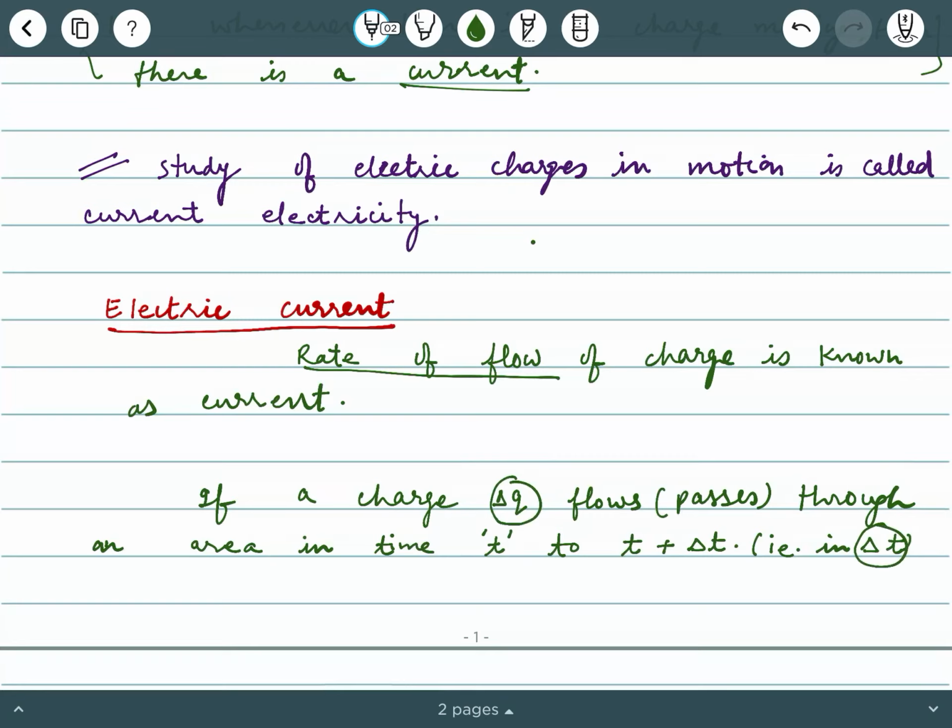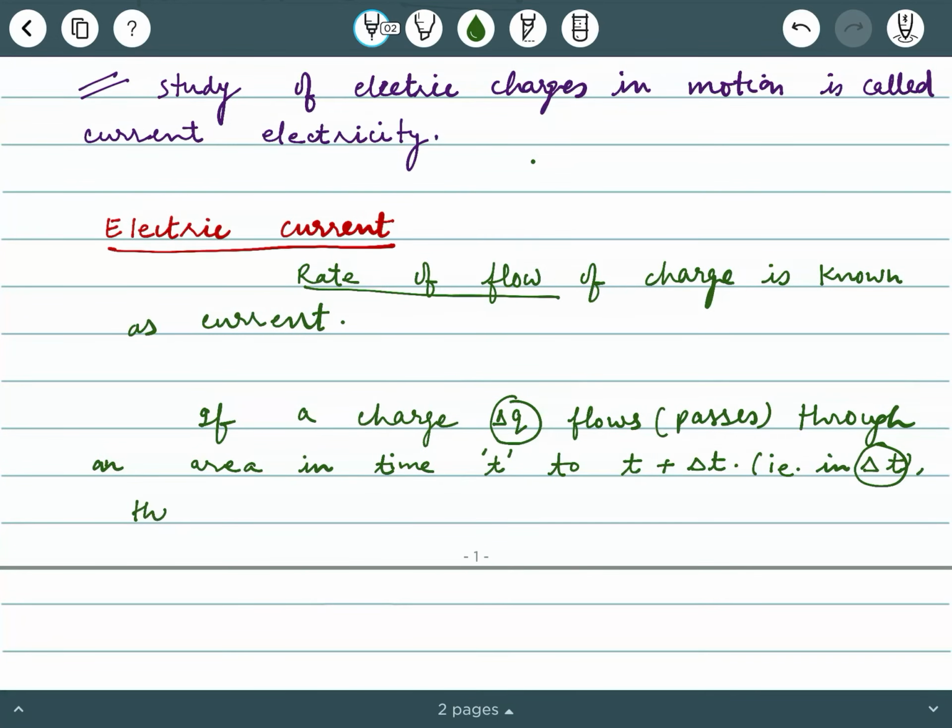Charge delta Q flows in delta t time. It means this.